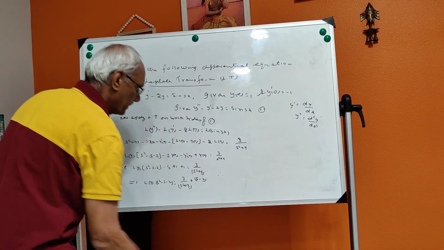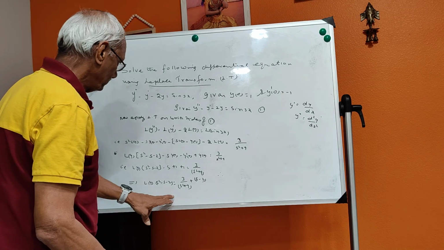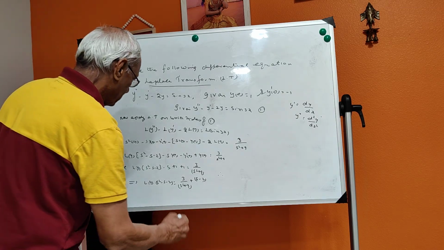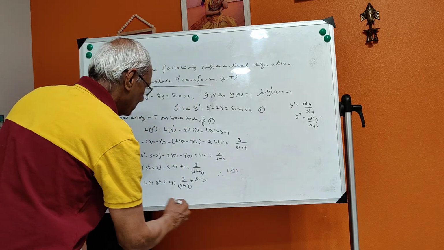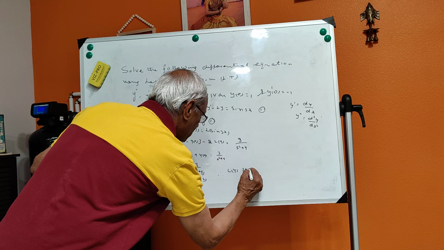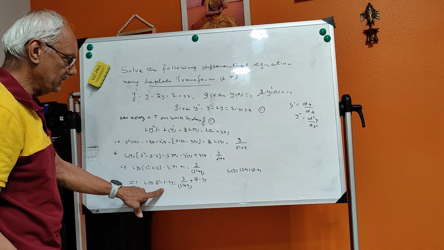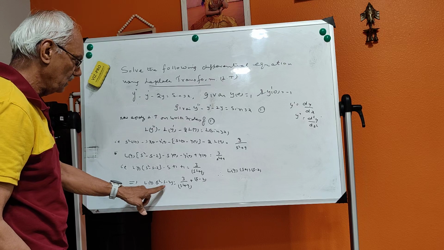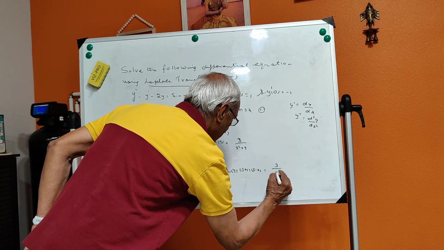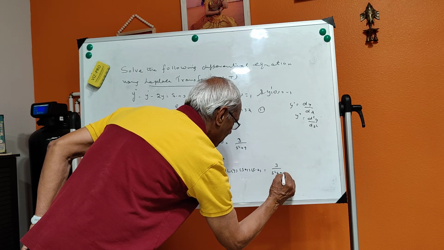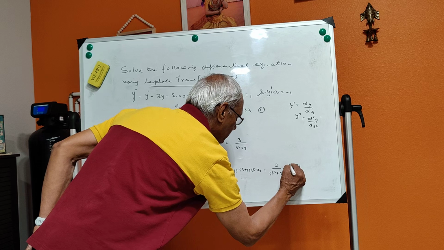Therefore, you get L of y, and if you factorize s square minus s minus 2, you get s plus 1 into s minus 2. So L of y into s plus 1 into s minus 2 is equal to 3 divided by s square plus 9 plus s minus 2.